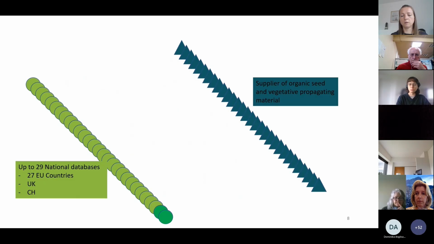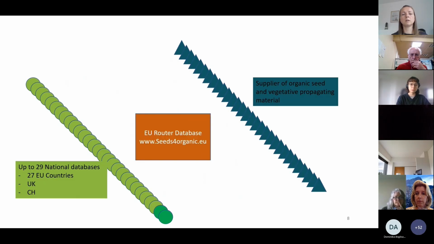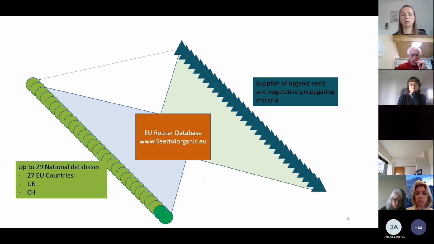And the idea of this European router database is to create a back-end database where suppliers have the possibility to log in and upload their seed supply, and then select the countries in which they want to or can supply the seeds. But still, there's the possibility for suppliers to use their national database.